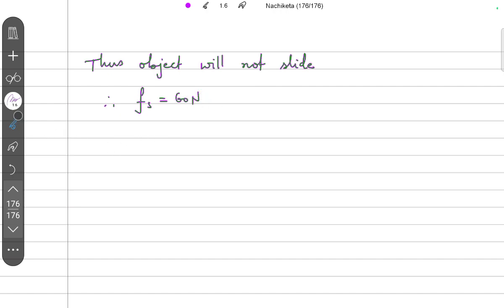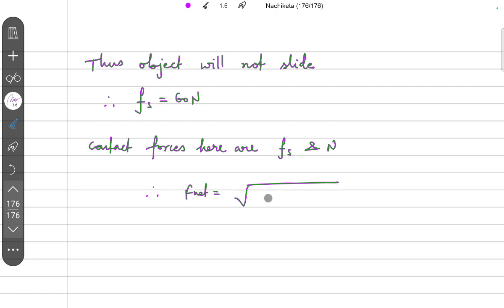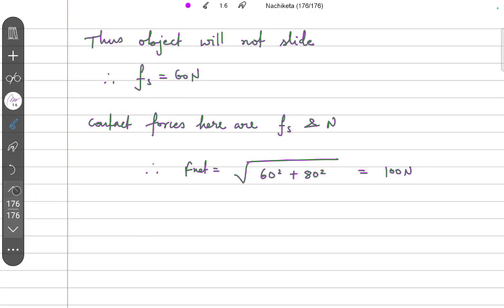Now they are asking net contact force. So what are the contact forces here? They are perpendicular to each other. Does it make sense? Now what is the direction? So there is another method to find it out.